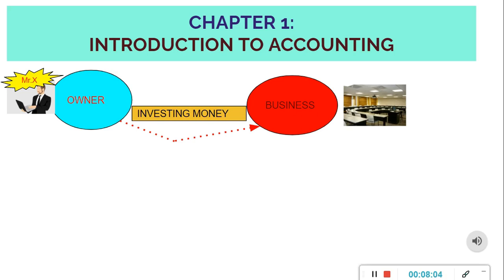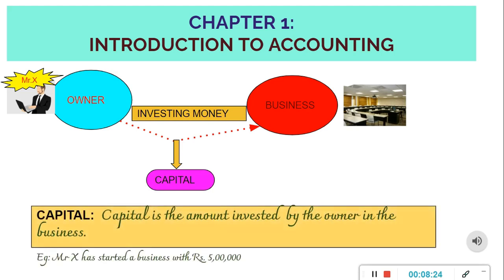So in accounting words, this investment at the time of starting a business, whatever we are investing in the business, is called capital. What is it called? Capital. So in a simple way, we can say, what is capital? Capital is the amount invested by the owner in the business. Clear?